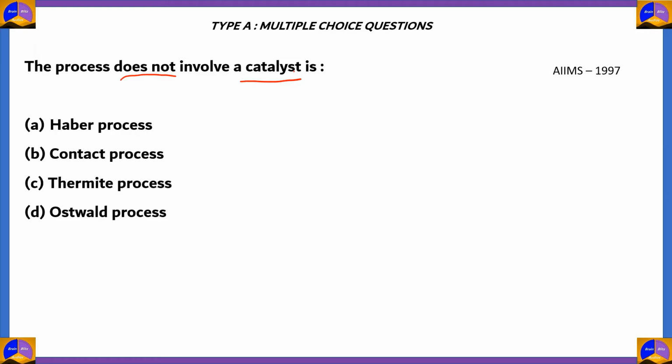So a catalyst is a substance which speeds up the rate of a reaction without participating in it. When we look at option A, the Haber's process, the reaction is N2 plus 3H2, giving rise to 2NH3.